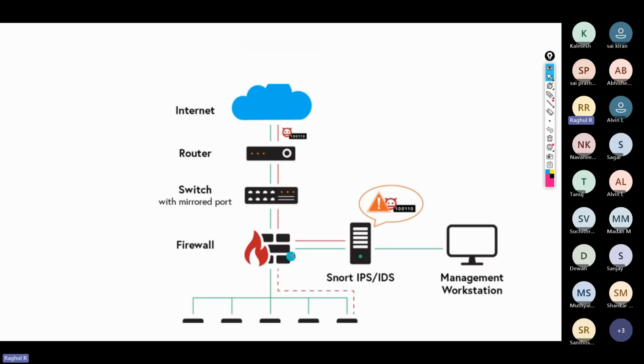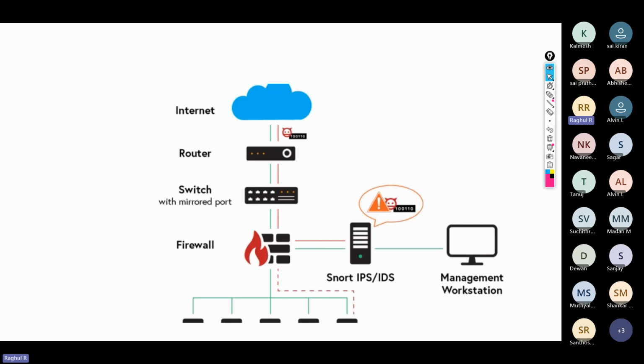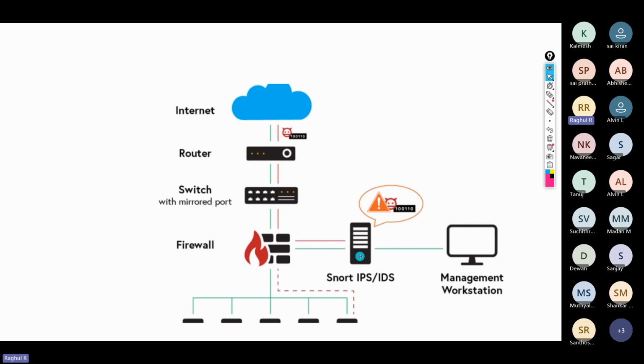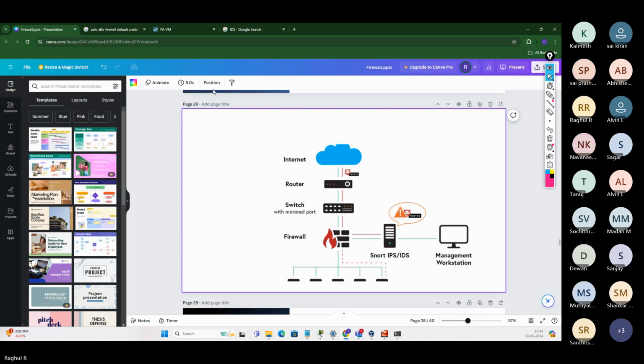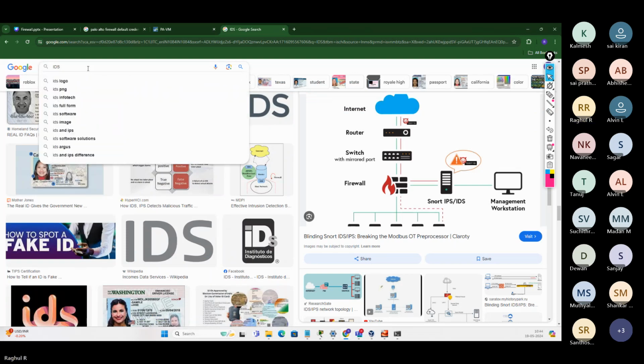Under switch we have firewall. Also firewall is directly connected to Snort. Snort is a free and open source IDS/IPS, and the IDS is having the management workstation. So this is not the exact topology diagram. This is kind of a rough diagram of how it is connected. Okay, so all the data will be sent to the IDS. From IDS only the data will flow to the network. So IDS will take a kind of log for incoming and outgoing data. So IDS IPS.